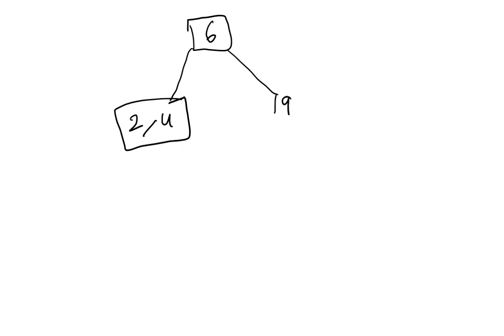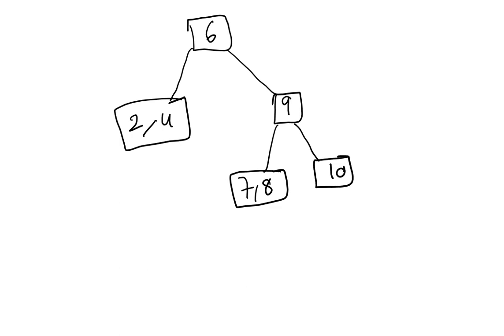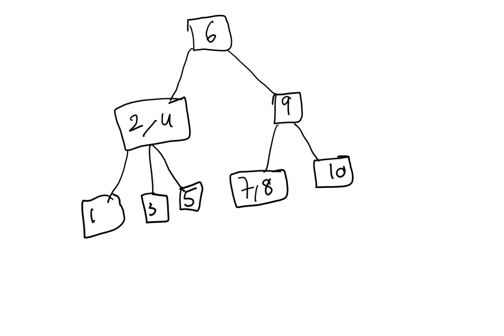This may have 9, 7, 8, 10. Less than 1 may have the value 1. Here maybe 5. So this is less than, greater than, and in between. Here as well, less than, greater than.